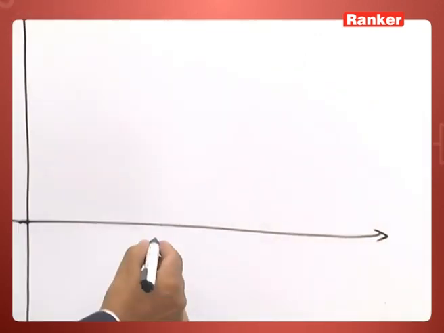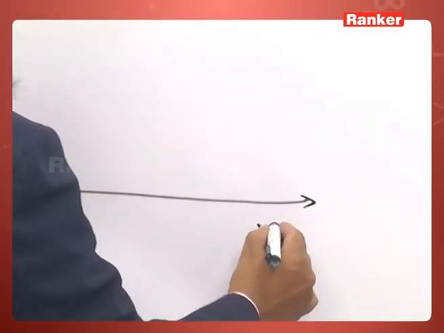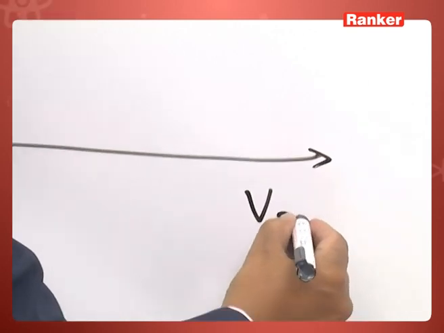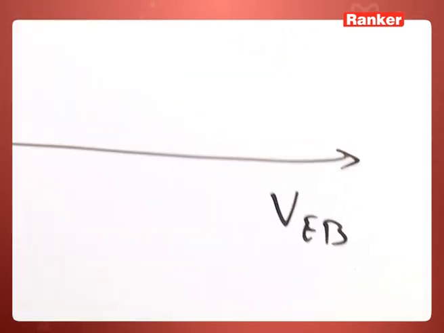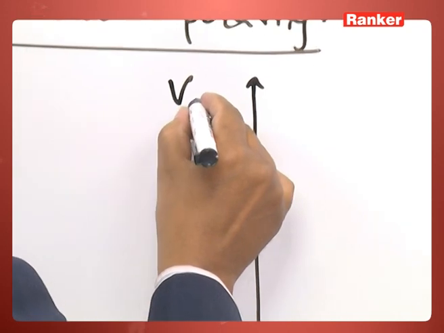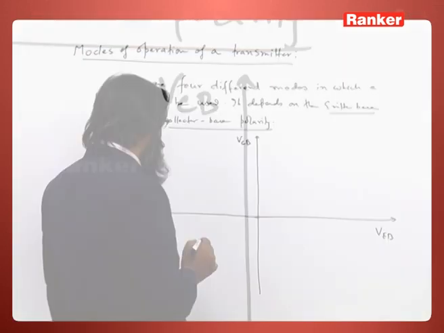So, suppose we plot here this emitter base and this as collector base.